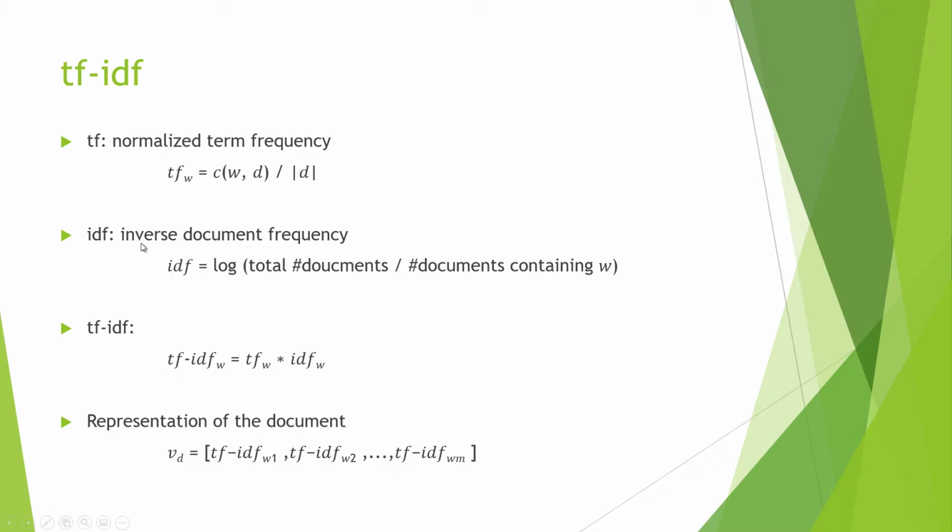And IDF means inverse document frequency, which is calculated by the number of documents containing W, which divides the total number of documents, and then take the natural log of this fraction.